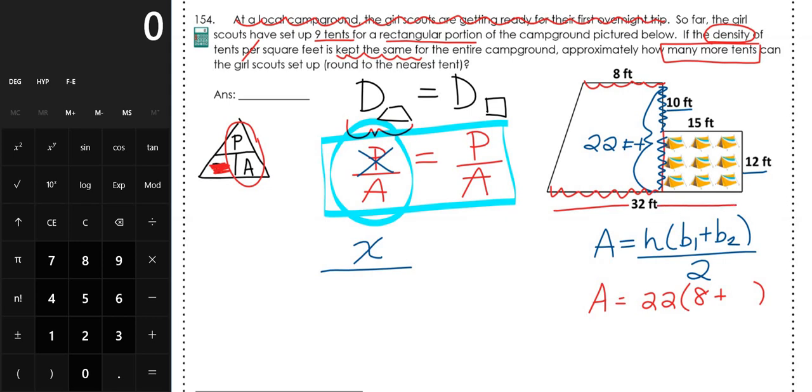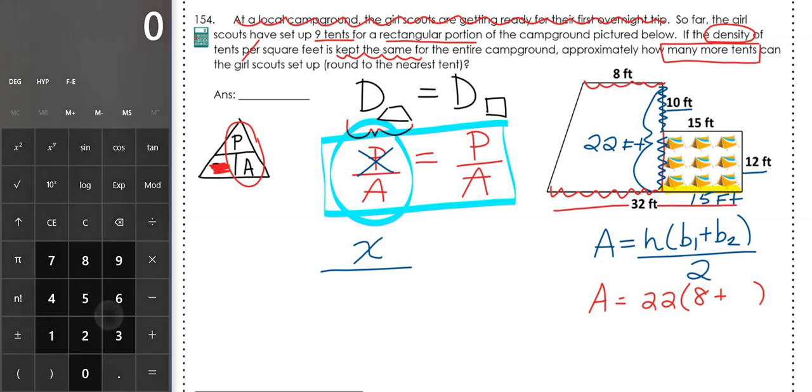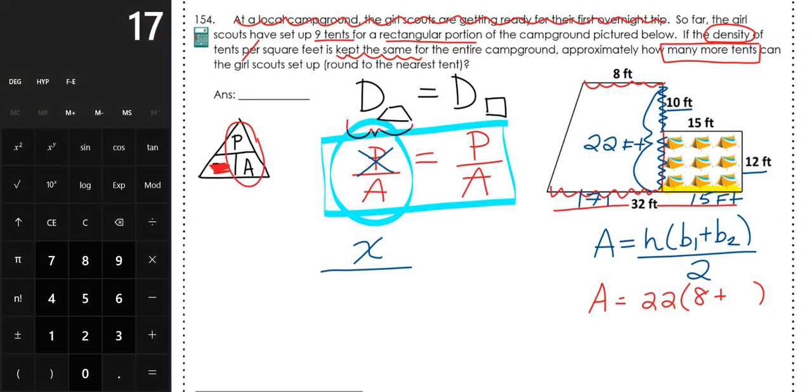Since I've already used up 15 feet for the rectangle right here, I'm going to subtract 15 from 32. So again, I've used up 15 feet right here. So I'm going to subtract 32 minus 15. I'm left with 17 feet for this bottom base.